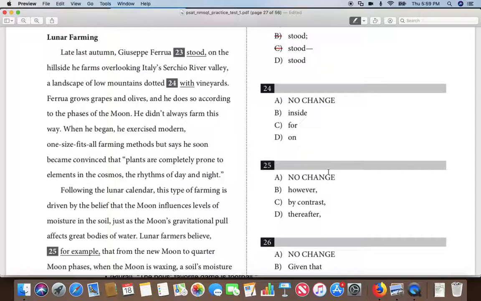Sure. A landscape of low mountains dotted inside vineyards. How's that? No, that doesn't sound right. A landscape of low mountains dotted for vineyards. No. A landscape of low mountains dotted on vineyards. No, the mountains are not on the vineyards. Yeah, answer choice A is it.